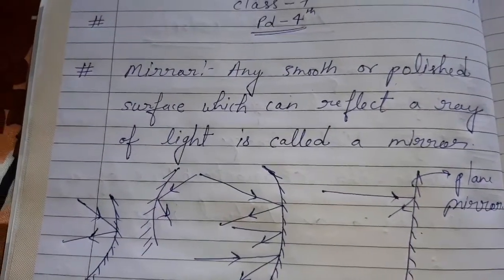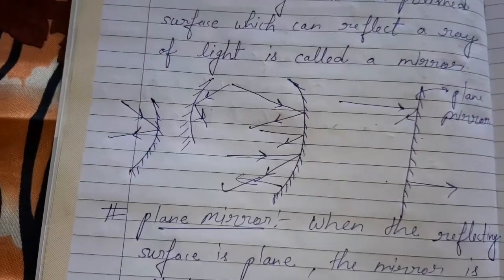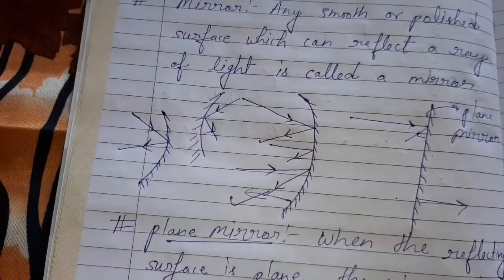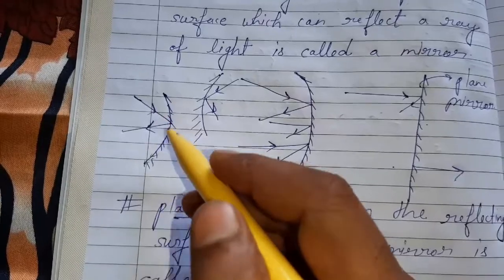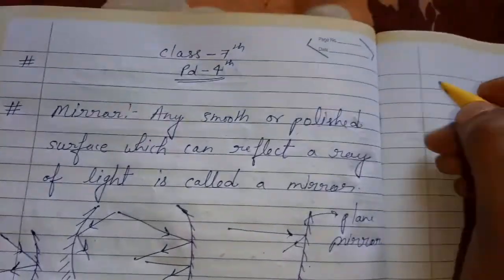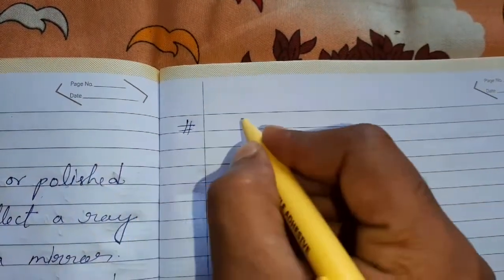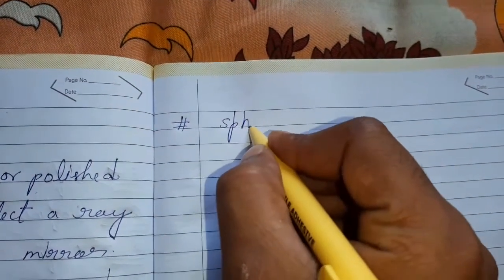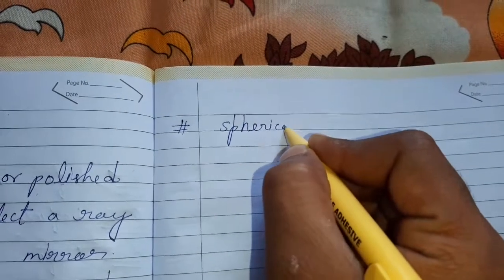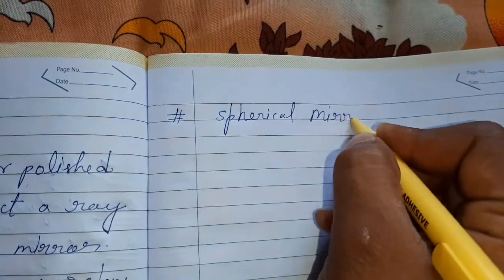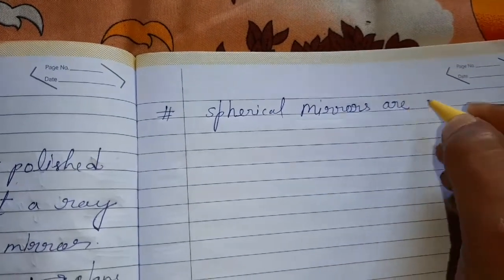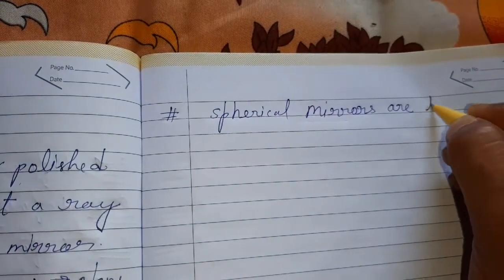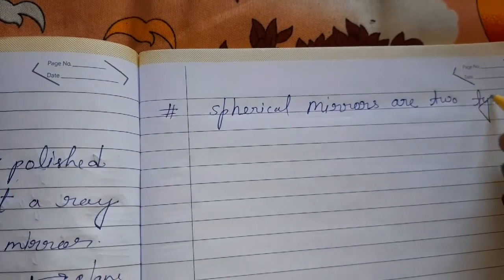Next, a spherical mirror is called so because it is a part of a hollow sphere. This is the hollow sphere. Spherical mirrors are of two types. Here I will write: spherical mirrors are of two types.